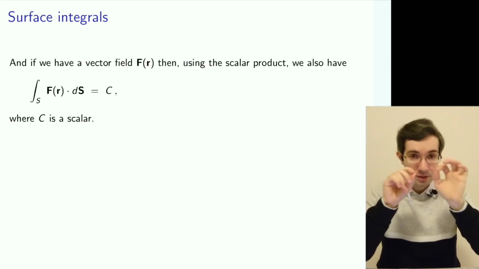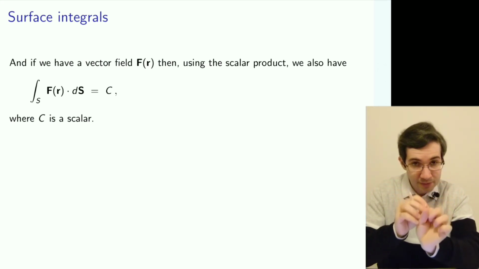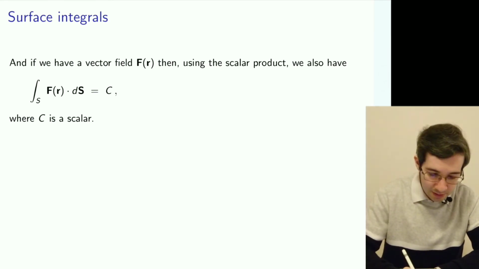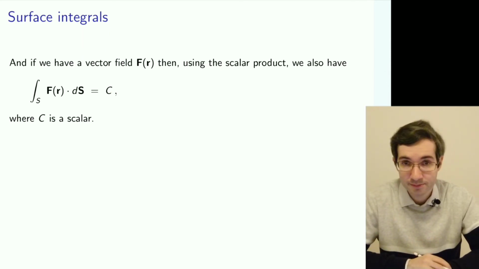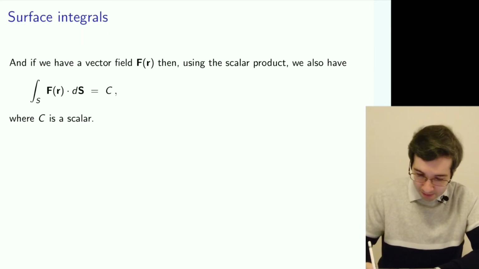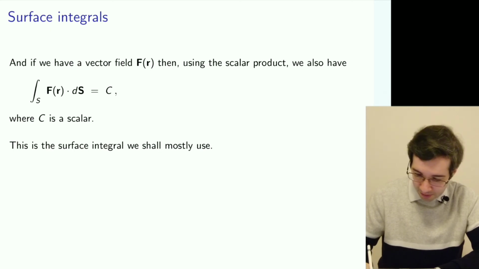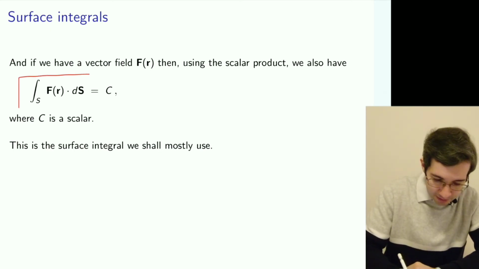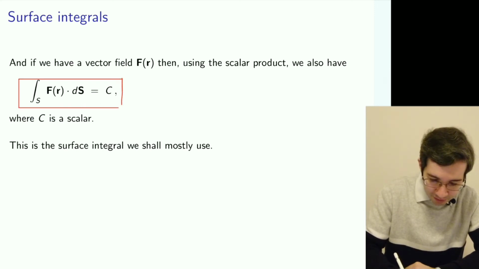We tend this element to become smaller and smaller, and then we get this integral. And you can see that because it's a scalar product, we'll get a scalar, which is a number. And that is the integral we'll be using most of the time. That is the most typical form of the surface integral.